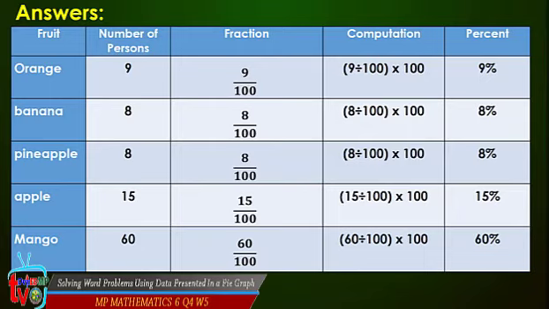Pineapple, 8, 8 hundredths, 8 divided by 100 times 100, 8%. Apple, 15, 15 hundredths, 15 divided by 100 times 100, 15%. Mango, 60, 60 hundredths, 60 divided by 100 times 100, 60%.